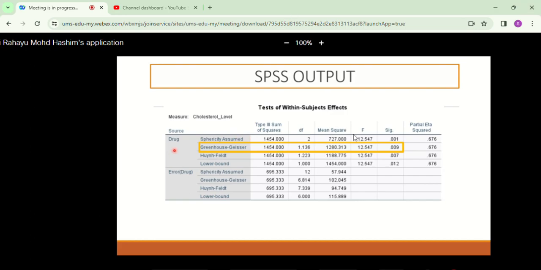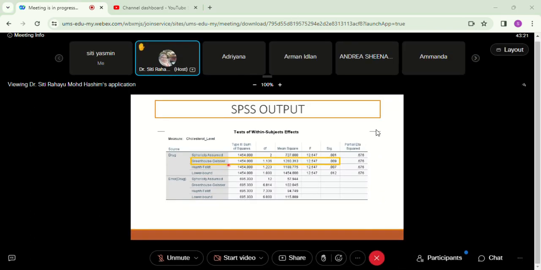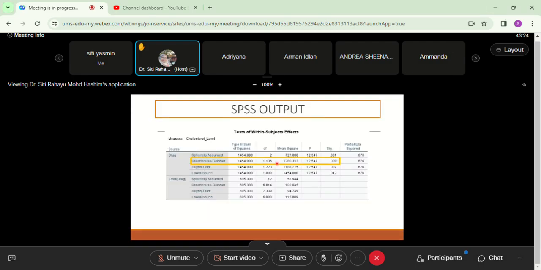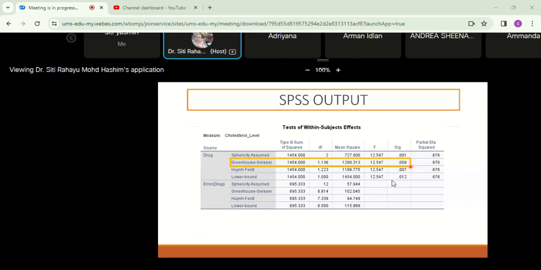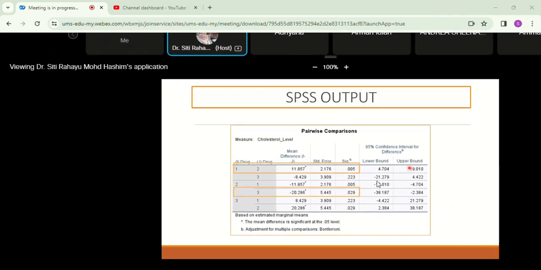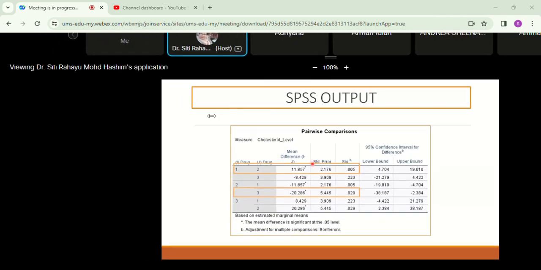So we need to choose the Greenhouse-Geisser as our method to measure the mean effect of the drugs. The p-value that we obtain here is 0.009, which shows that there is a significant difference in the cholesterol level between treatments. Since we have 3 drugs, we need to perform multiple comparison, the post hoc. So here we carry out pairwise comparison.